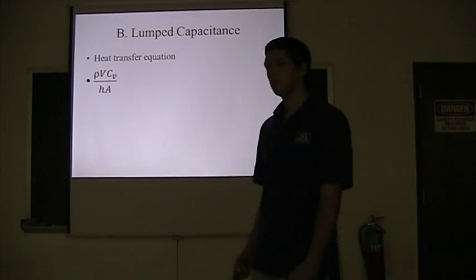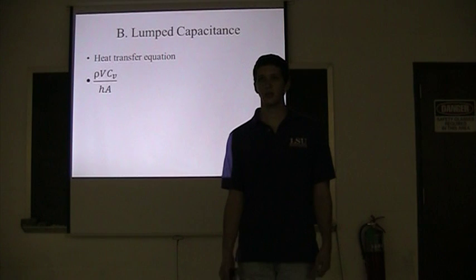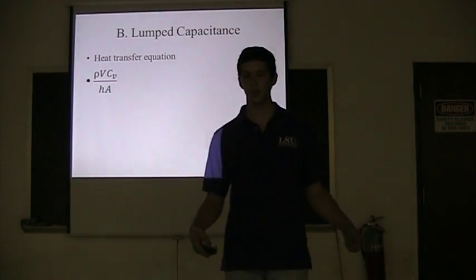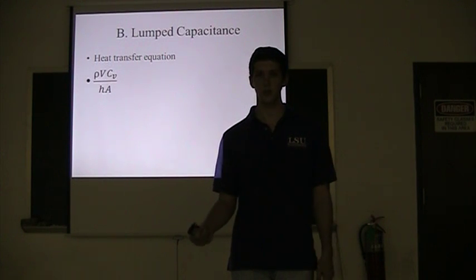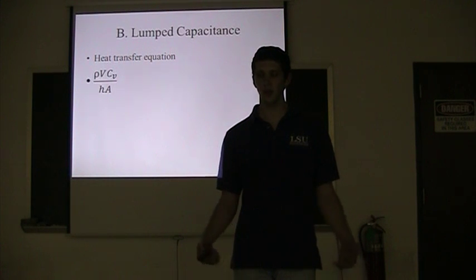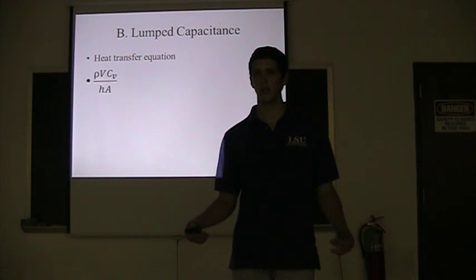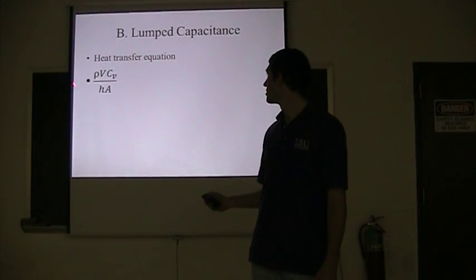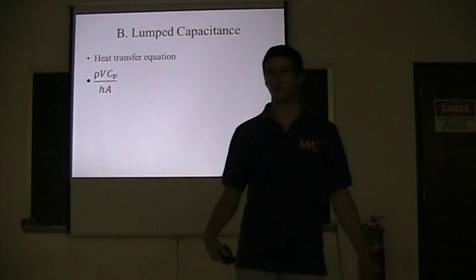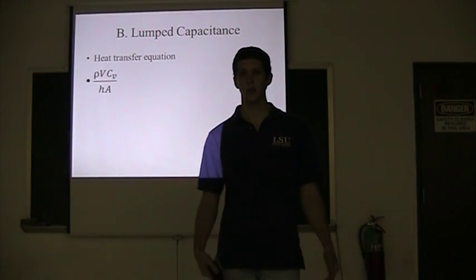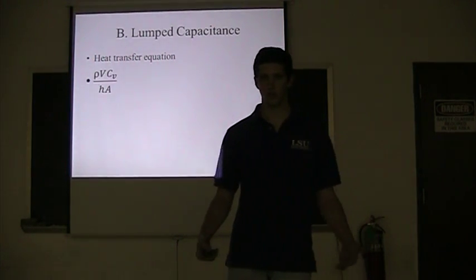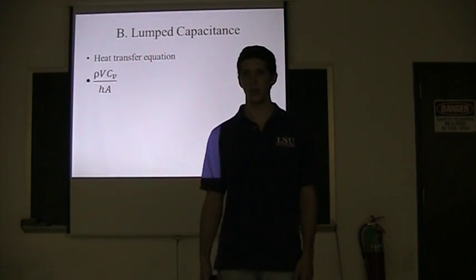And we can use the lumped capacitance because if we assume that heat transfer from conduction is equal to heat transfer from convection, then we can assume the same temperature difference, and our capacitance is basically this ratio of the factors that affect each mode of heat transfer. So that ratio is basically where we get our tau.